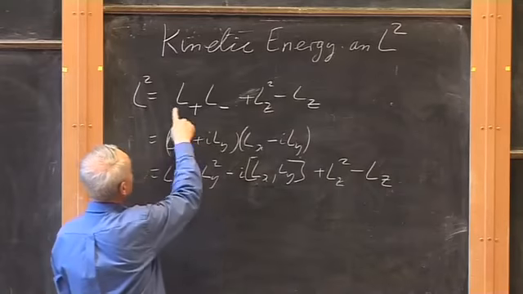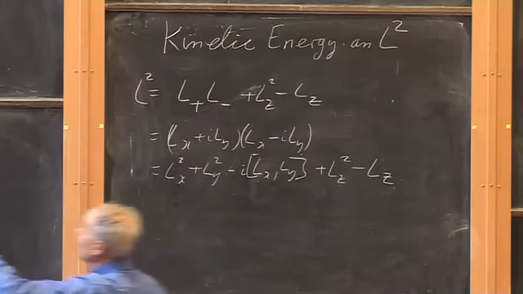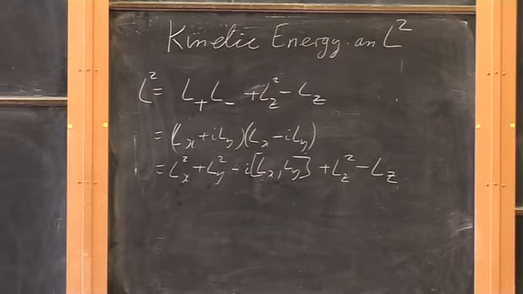So what we do now is we write down L plus L minus, which we have floating up there in the stratosphere.